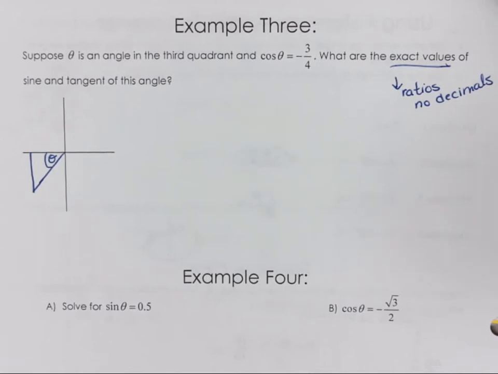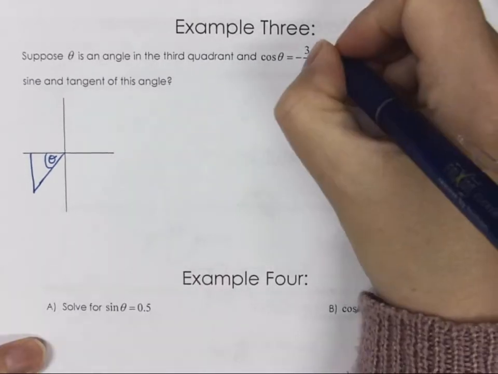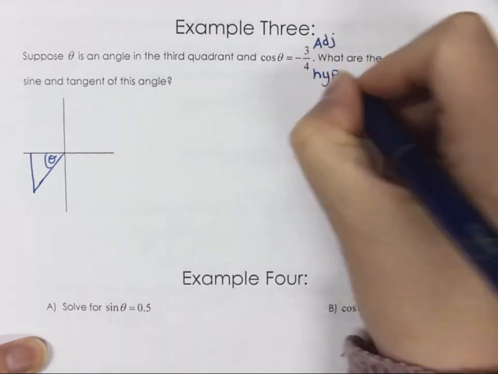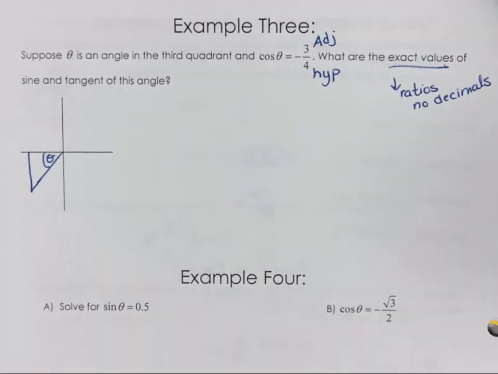What do we know about the ratio of cosine? It's adjacent over hypotenuse. What do we know about the hypotenuse? It's 4, but what do we know about hypotenuses in general? It's always positive. So what's negative?